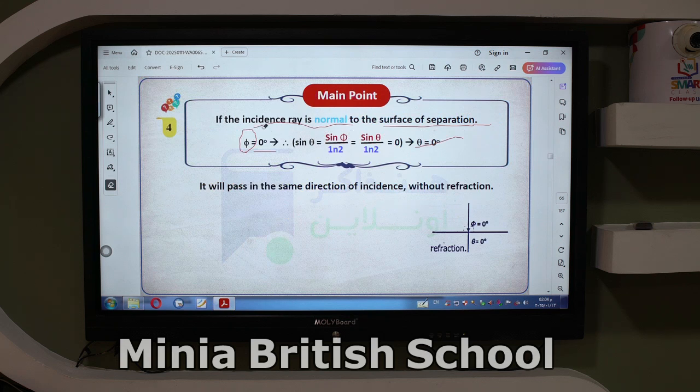But if the incident ray is normal to the surface of separation, then phi, the angle of incidence, equals 0, and theta here equals 0.